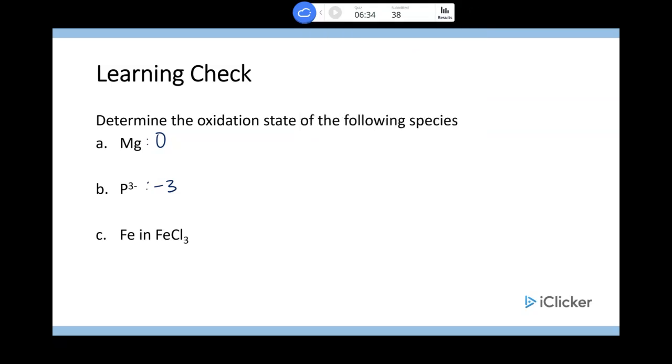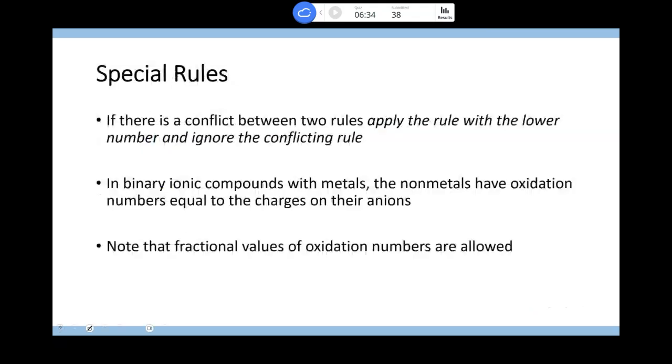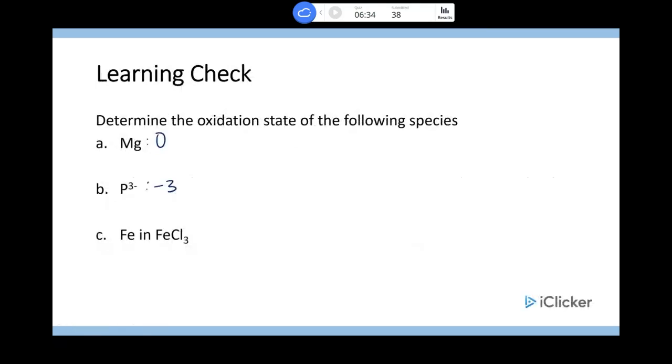So here we're using 2 different guidelines. First is that when we have, it's the second one here, we have a binary ionic compound, 2 atoms, one of them is a metal. The nonmetal, so in this case chlorine, has an oxidation number equal to its charge. So chlorine has an oxidation number of -1.